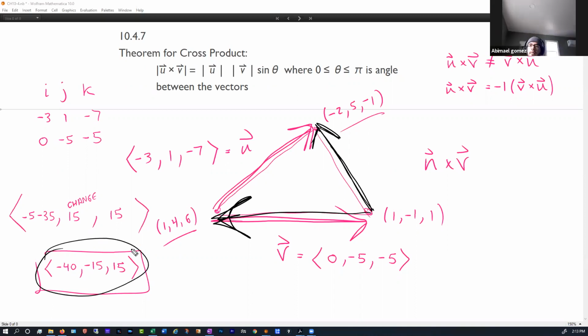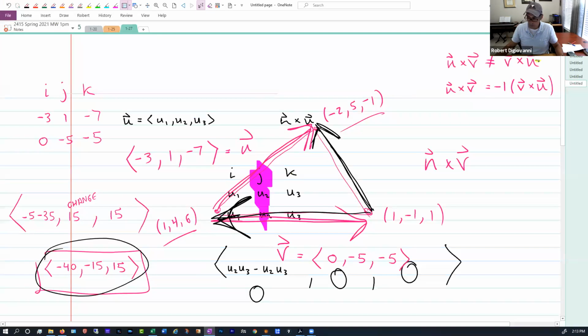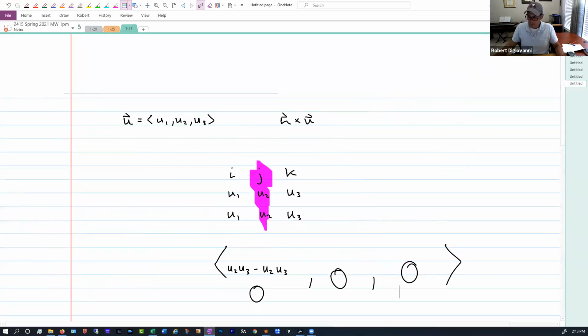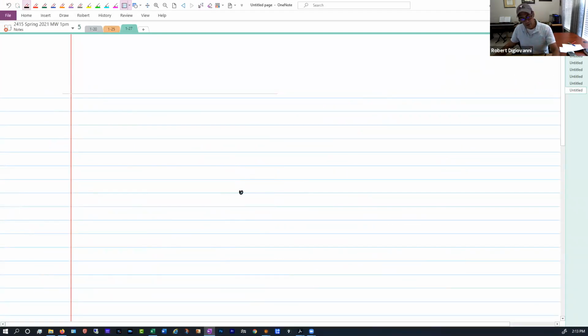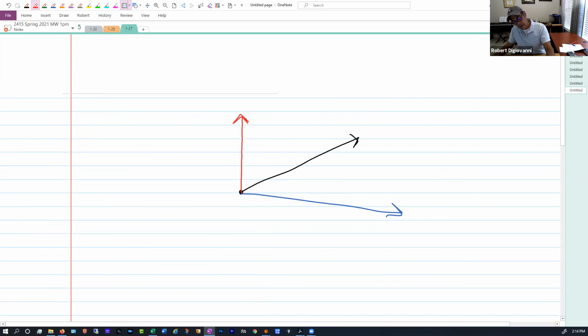Yeah, I believe so. So let me try and illustrate a different way. I start out with a vector and another vector, and I do their cross product. I'm going to get a vector like this, okay? That's orthogonal to the black one and it's orthogonal to the blue one at the same time.